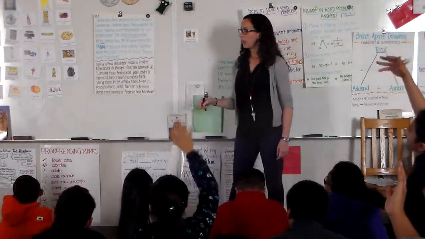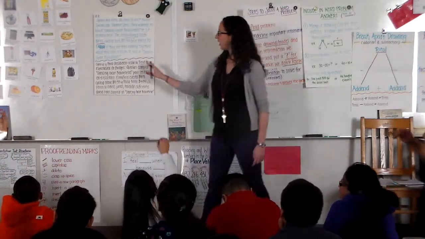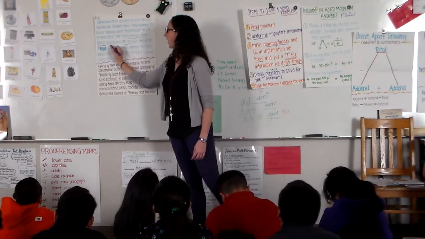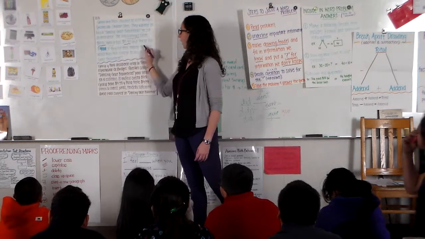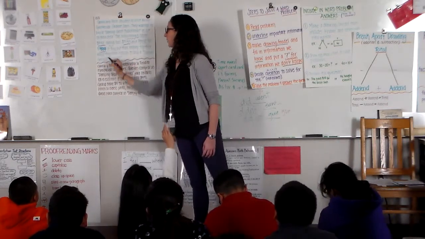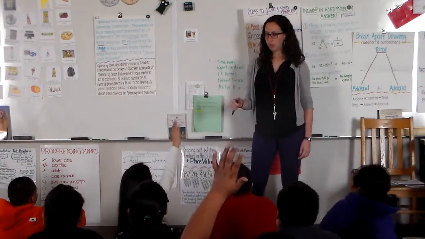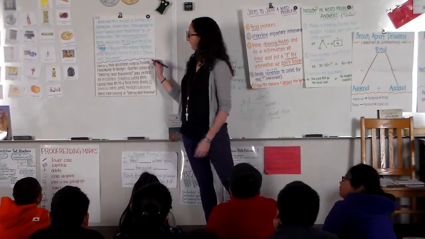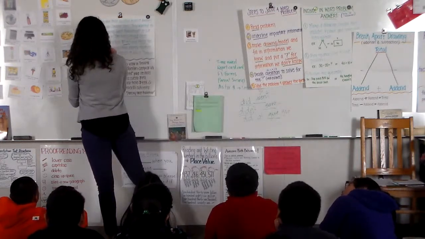What else is important? Rogelio. $5.33. Okay, so Gloria has $5.33, and Perla has $4.89. What else is important? Dana? The question.